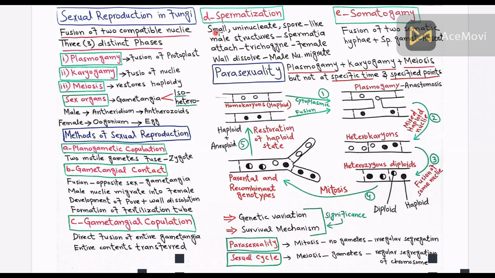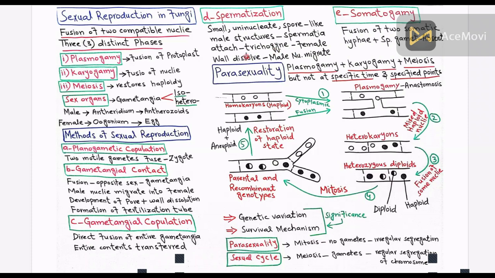In this type, small uninucleate spore-like male structures called spermatia are produced. The spermatium attaches itself to the trichogyne of the female, and the wall of contact between the two dissolves.